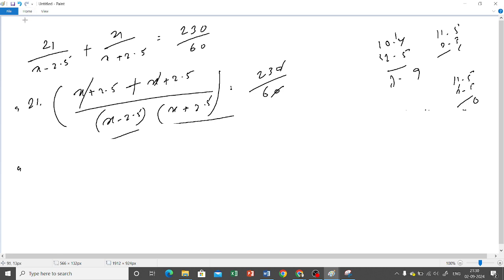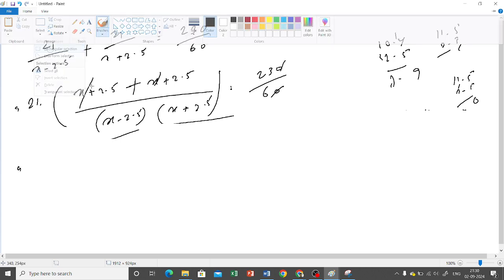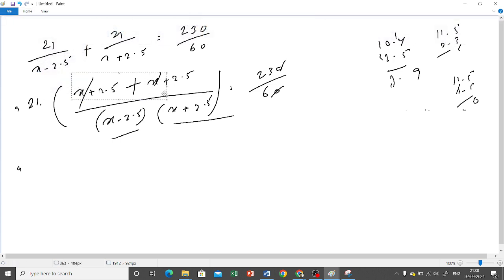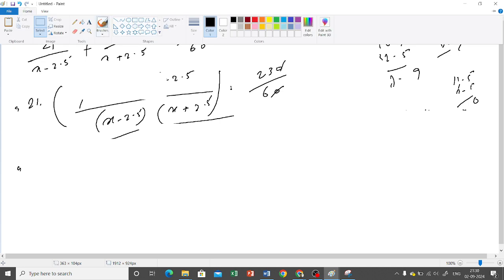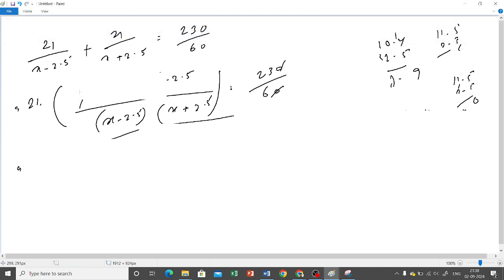Did you understand what happened? This will not get cancelled. So this will be x plus 2.5 plus x minus 2.5. This 2.5 gets cancelled out.